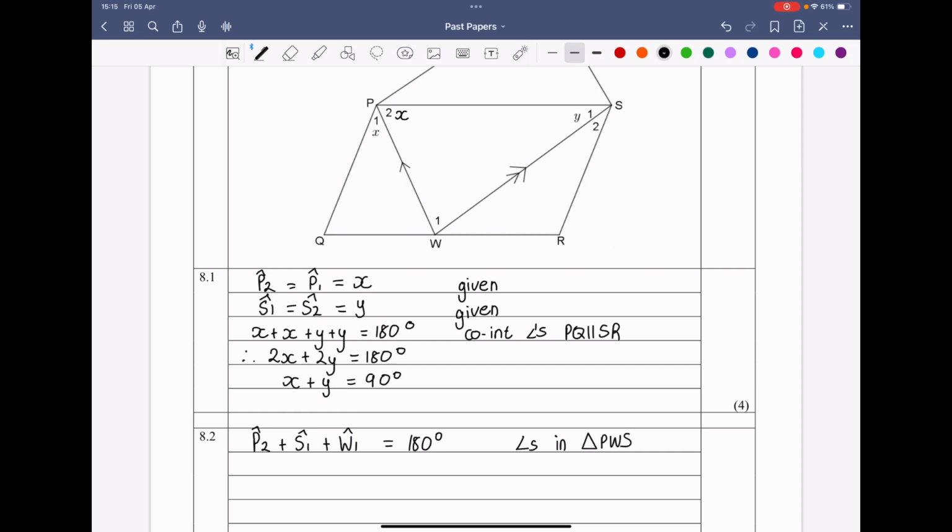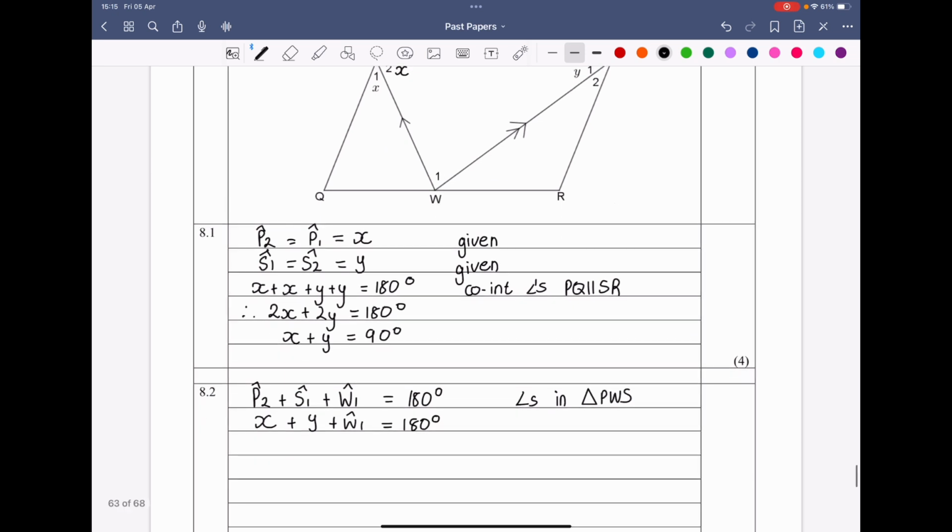I'm replacing the P2 and the S1 with x and y, so P2 is x, S1 is y, W1 is 180 degrees, and since I've proved that x plus y is equal to 90, I can just say that W1 equals 90 degrees.